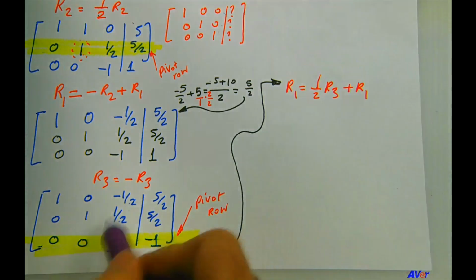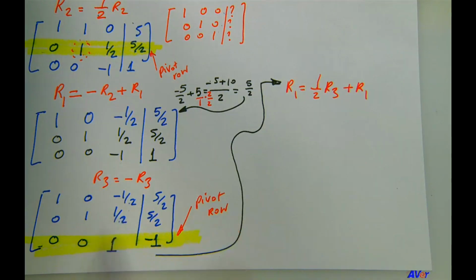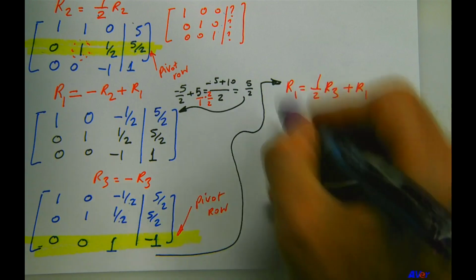What about this 1/2? How do we get this to be 0, the middle one? Well, all we need is add a negative 1/2 to this. Where is the negative 1/2 going to come from? It will come from multiplying the pivot row by negative 1/2 and adding it to the second row. Let's write that down.